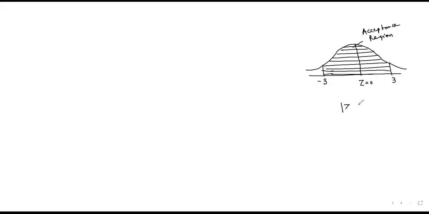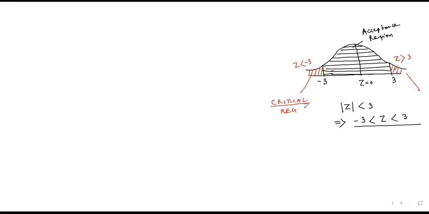Because when mod Z is less than 3, mathematically it means that Z is lying between -3 and +3. And the other two regions, where Z is less than -3 or Z is greater than 3, are called critical regions or rejection regions.